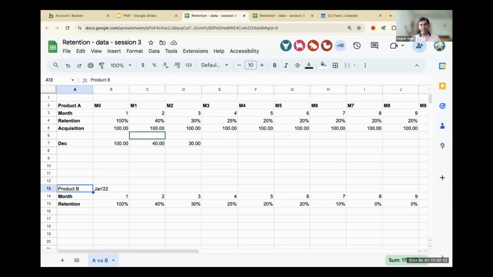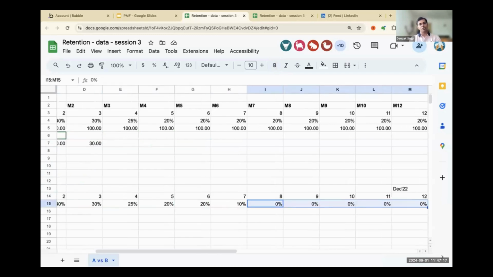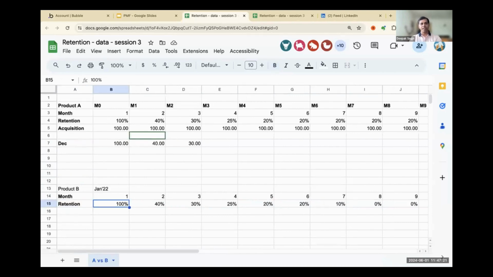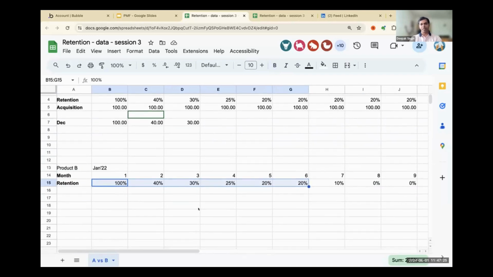But compare that to the next product, where in month 8, the retention goes to 0. Here you will see the stagnation happening. Here you will see that after 255K, there is 0 growth in monthly active users, even if you keep acquiring 100K customers every month. Why? Because after 7 months, everyone is gone.